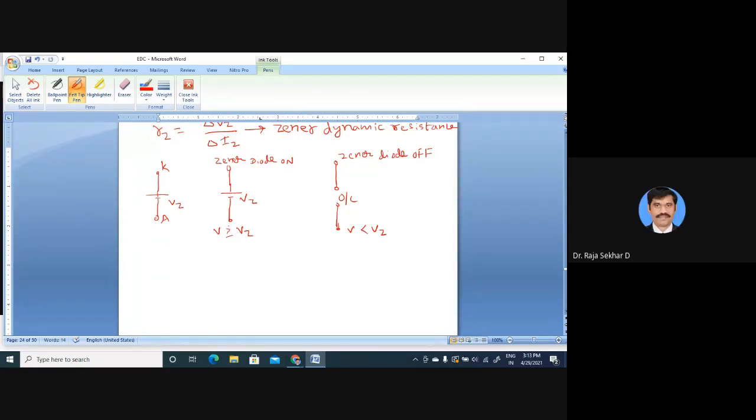Whereas in forward bias, the operation of the Zener diode is the same as a normal diode. The main application of the Zener diode is as a voltage regulator, meaning it produces a constant output voltage.